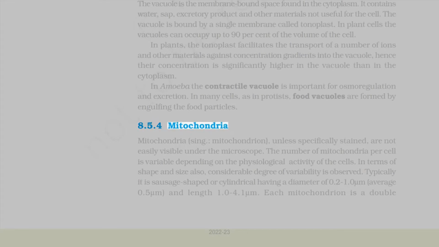8.5.4 Mitochondria. Mitochondria, mitochondrion, unless specifically stained, are not easily visible under the microscope. The number of mitochondria per cell is variable depending on the physiological activity of the cells. In terms of shape and size also, considerable degree of variability is observed.